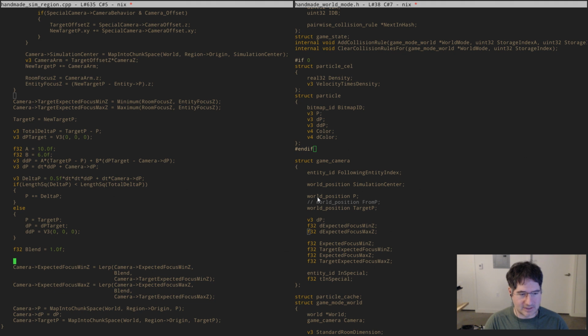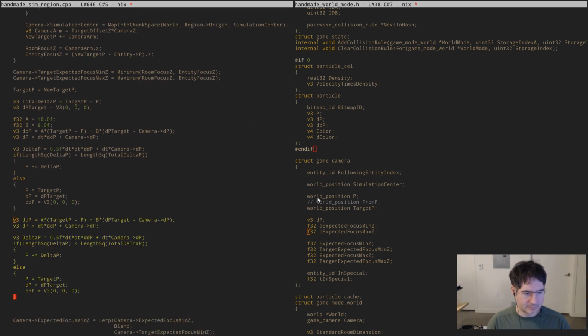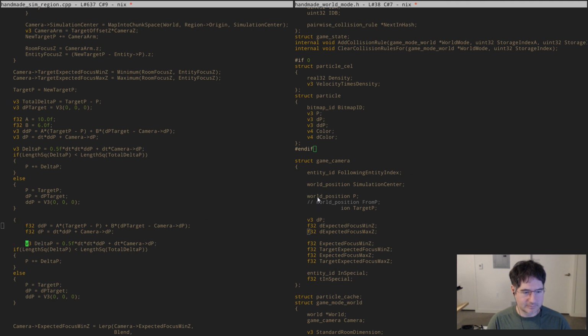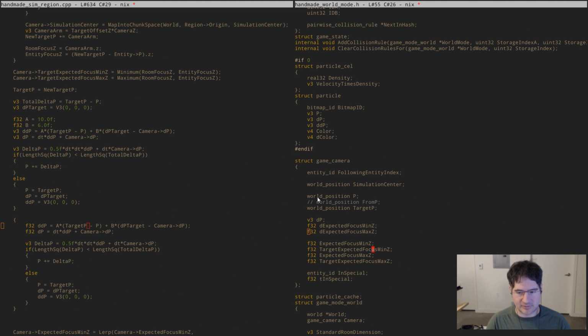So we'd just say, yeah, this code literally, and this is all F32s now. But you're literally doing this. And when you go to compute this thing, you're going to use the same thing, but now the targets and stuff are specified from here. So you'd basically have, okay, whatever the target expected focus min z is, is where we're going to, and whatever the expected focus min z is, is where we're coming from.